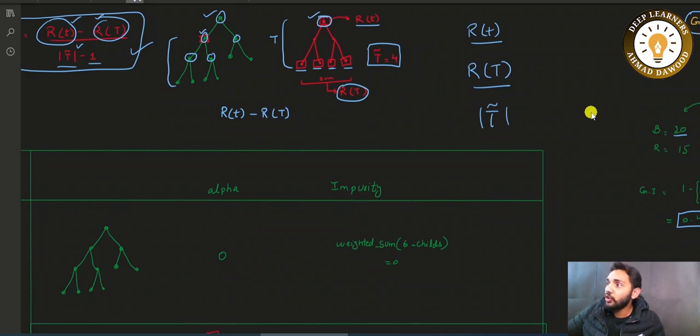When you have done this splitting into four nodes, you have converted this one node into four terminal nodes. So by splitting one node into four terminal nodes, the ratio of the decrease in impurity to the number of nodes we have added to the whole tree is called alpha.